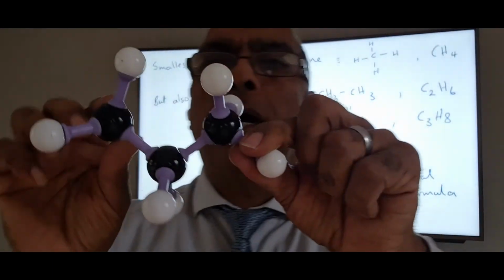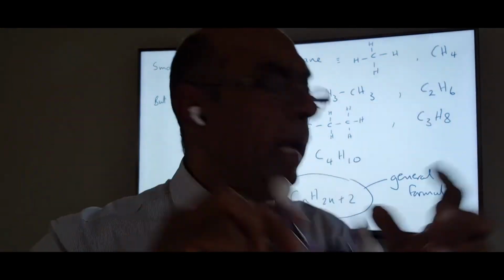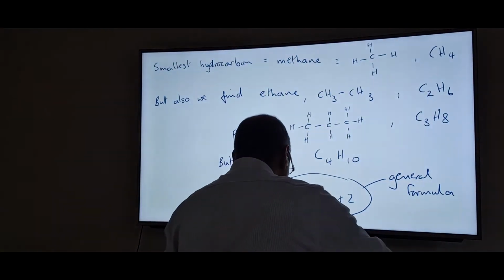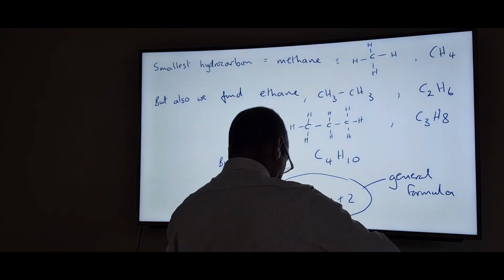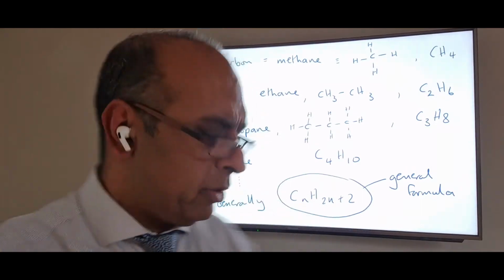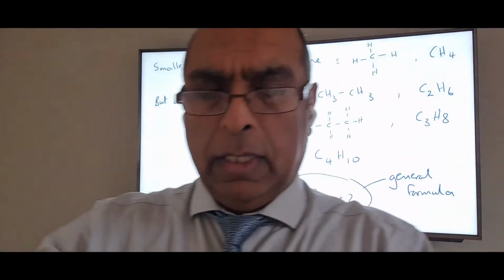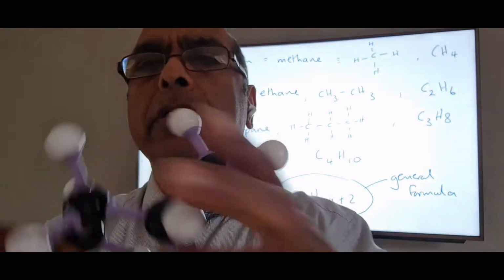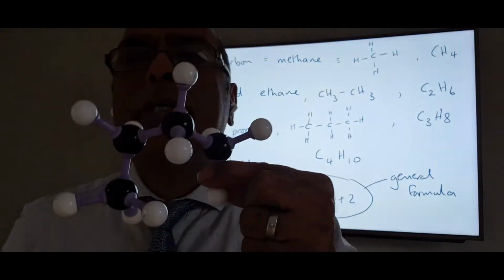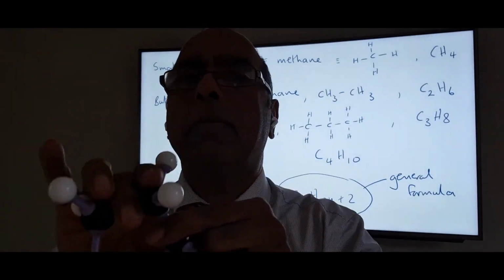Look, 3 carbons, that's an extra carbon. And you can carry this process on. There, I've got 4 carbons. Butane. Now, there is a way to name chemicals, and I'm going to go through naming in a minute, just very briefly.